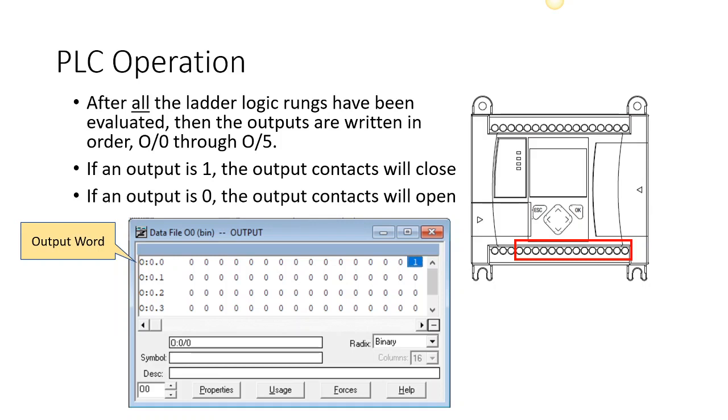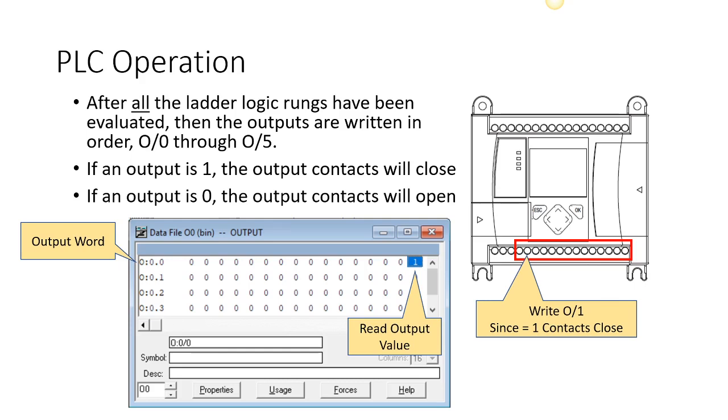And the next slide is going to show us internally what's actually physically going to happen inside the PLC there. Okay, so we're going to read that value and we're going to write that output to that channel. Now what actually physically is happening is there's a set of contacts in there that's closing, but we're going to see that here in the next slide.